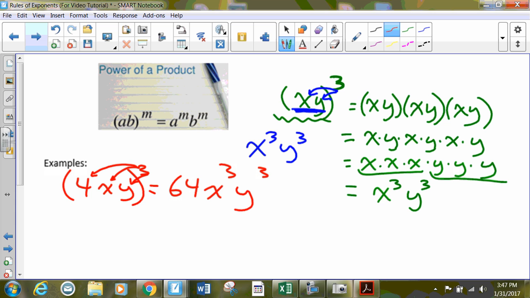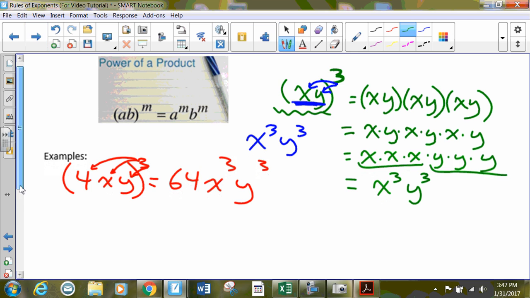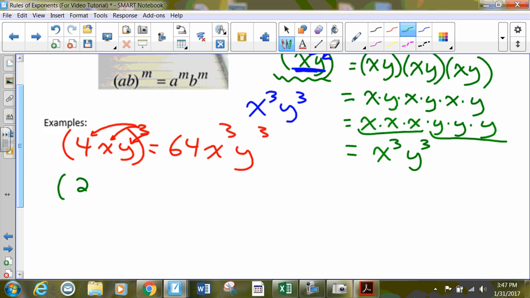Let's try something a little bit more complicated. How about if we have 2x squared y to the fourth raised to the fifth? All right, so this 5 goes to everybody. It goes to the 2. 2 to the fifth means 2 times 2 times 2 times 2 times 2. When you do that in your calculator or your head, you get 32.